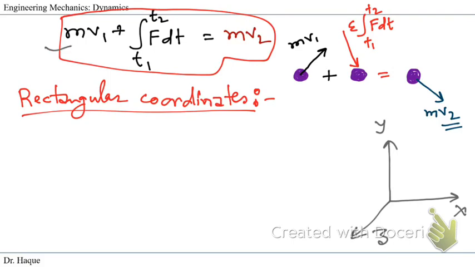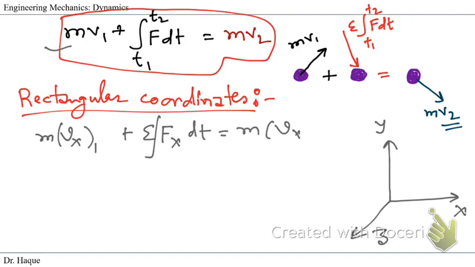If we split this equation into these coordinates, we'll have m, mass is directionless, vx1, the initial one, plus the integral of force in the x direction, Fx dt, equals m vx2, the final one.